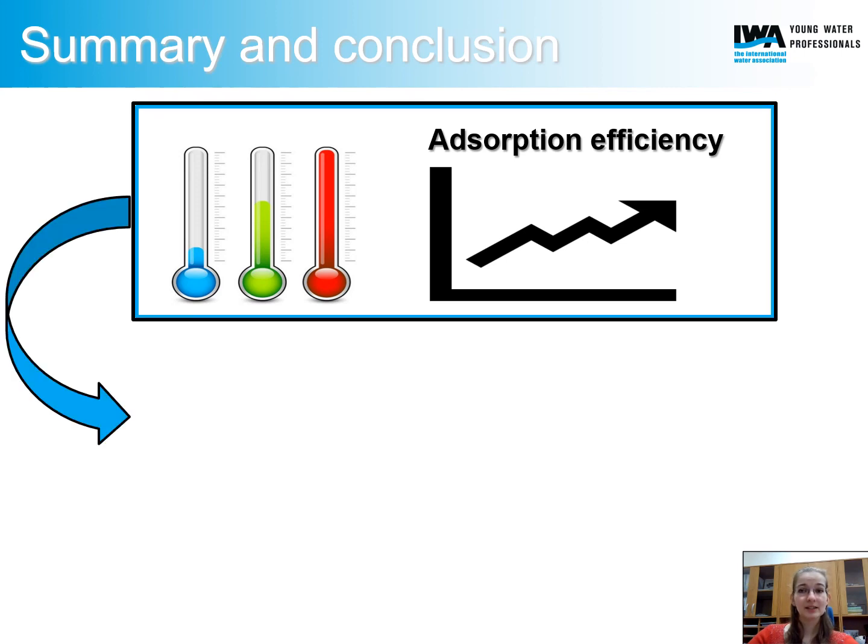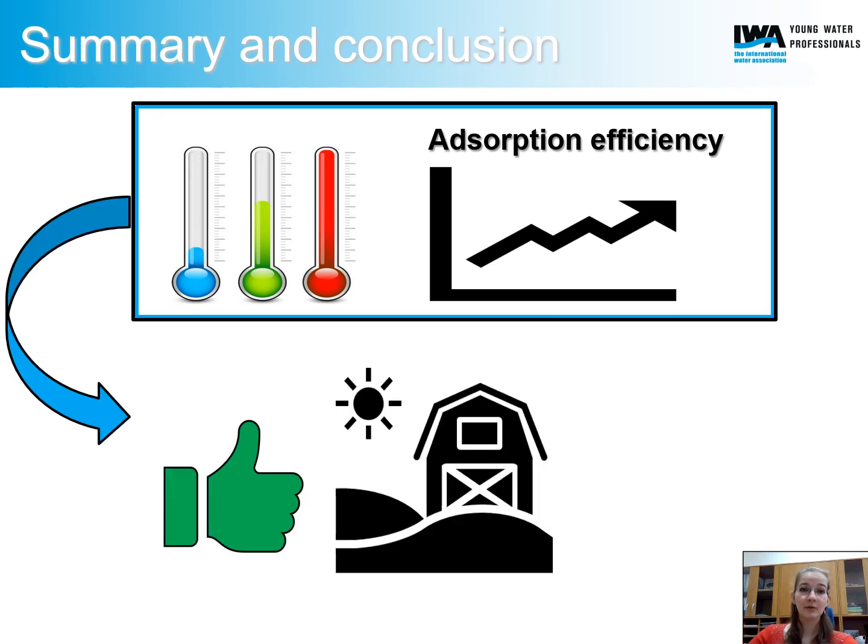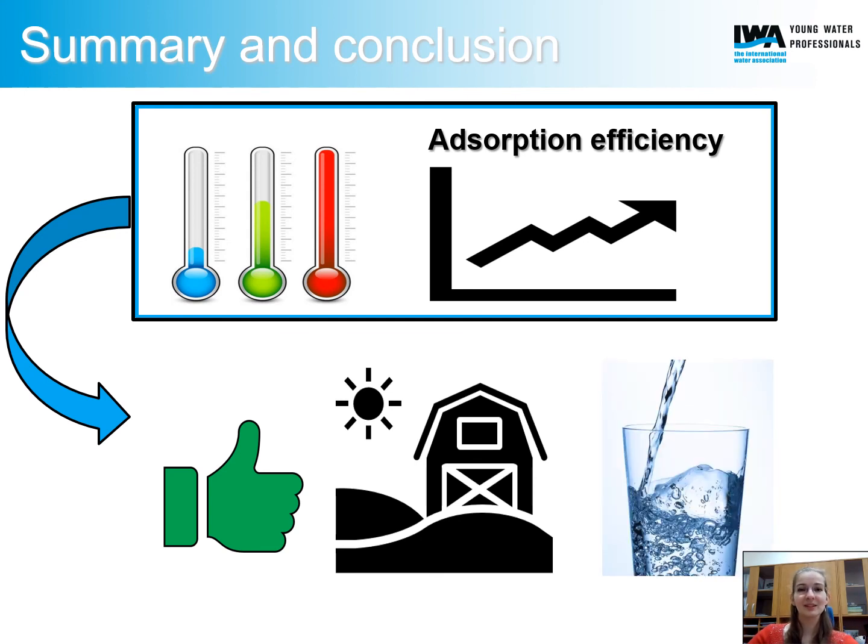In practice, this is a really positive finding for water treatment plants, because during the summer, when algae organisms are in their greatest growth and the amount of problematic matter is high, the adsorption of these substances is enhanced with higher temperature, and we can get tasty, safe water.